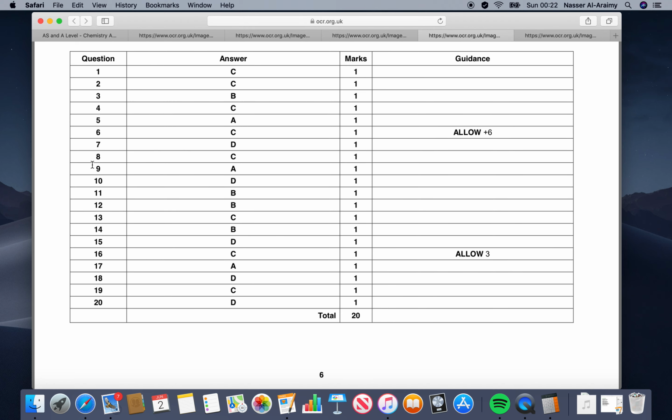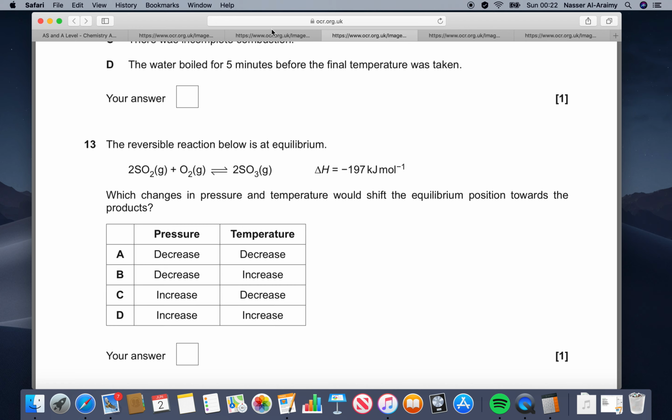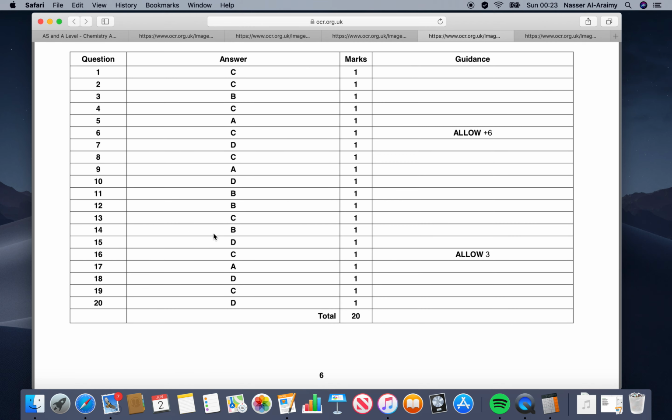Hang on a second, let's see, what question is that? Is that D? No, it's 13. Question 13. Question 13 is C.